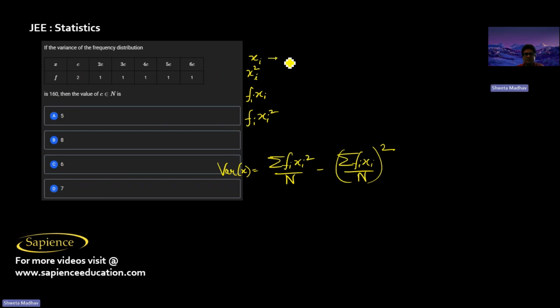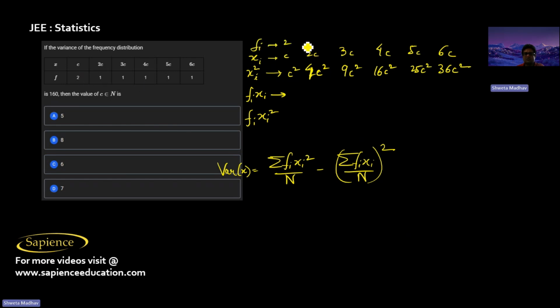Now the Xi values are C, 2C, 3C, 4C, 5C, and 6C. And Xi square will be C squared, 4C squared, 9C squared, 16C squared, 25C squared, then 36C squared. Then Fi into Xi, the frequencies are 2, 2, 1, 1, 1, 1.